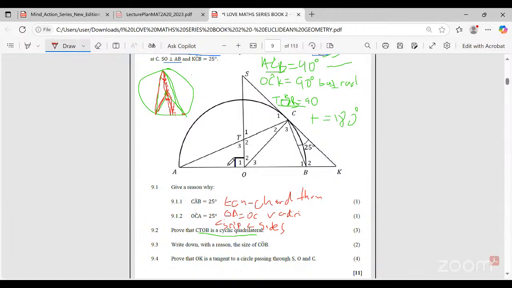Let's quickly go through our circle SOC. Okay, this circle is going to go here. This is our good round circle here. So we want to prove that OK is a tangent there.